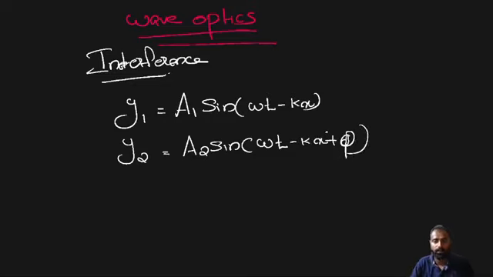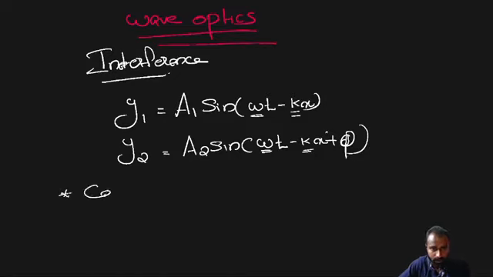It is in another phase. We just see here that omega and k are the same. This means these are coherent sources. I'm just introducing a new word, coherent sources. These coherent sources have the same frequency.